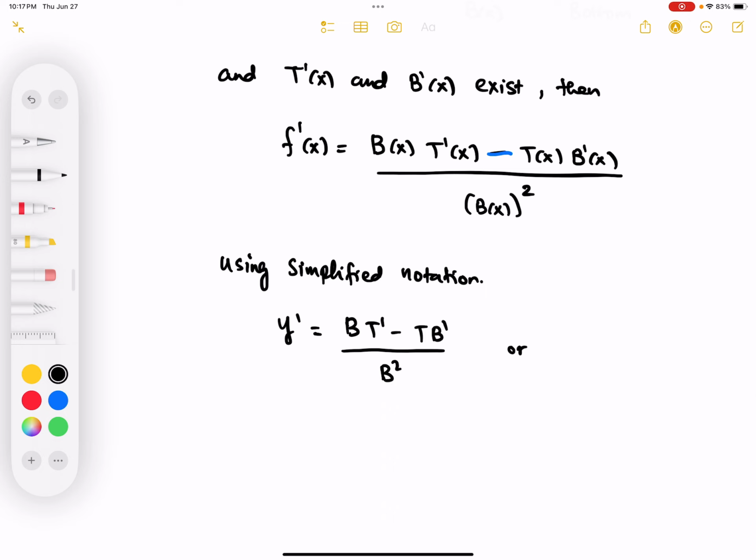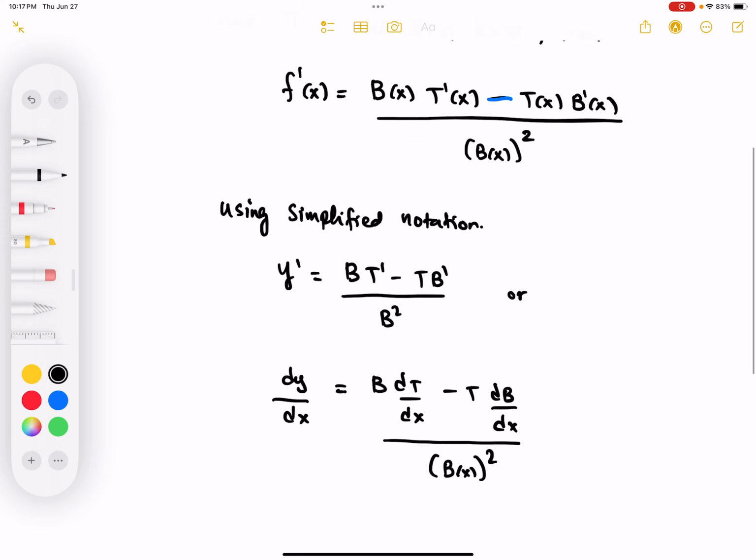This can also be written with the notation dy by dx equals B dT by dx minus T dB by dx over the whole B of x the whole square. So these are the same notation, right? So remember the quotient rule.